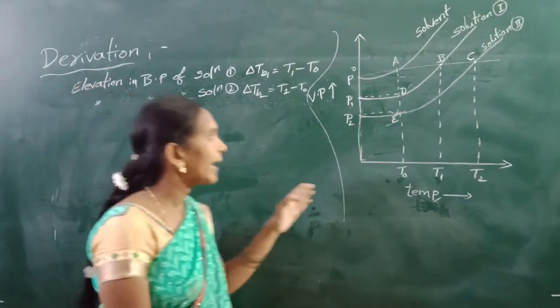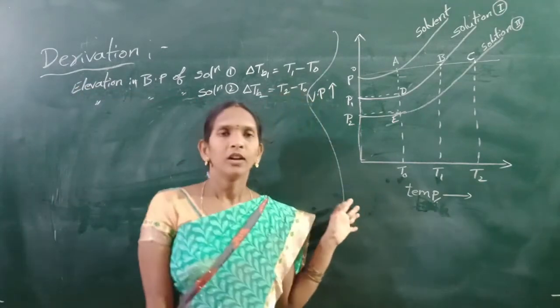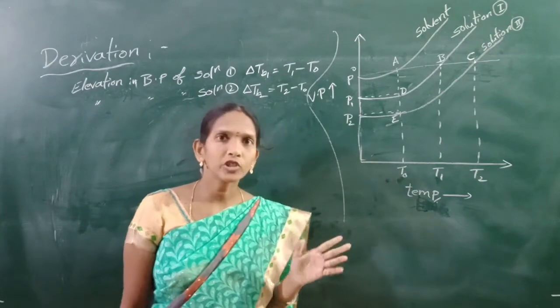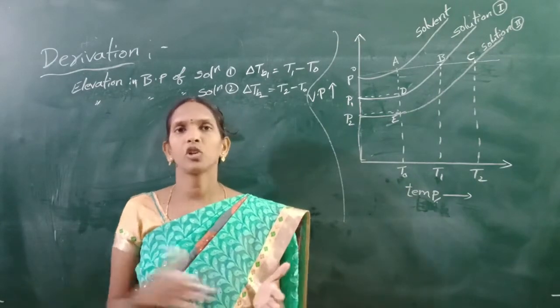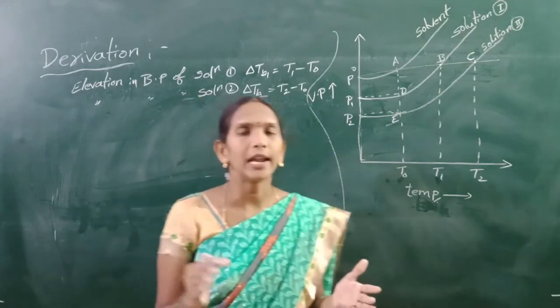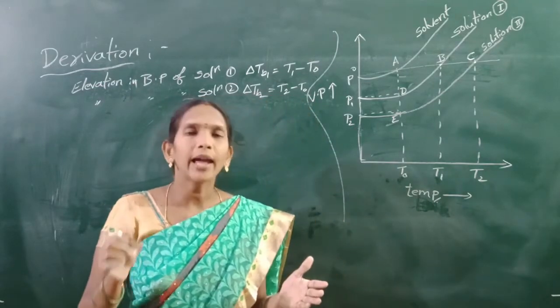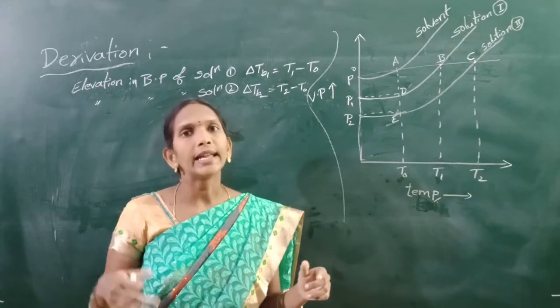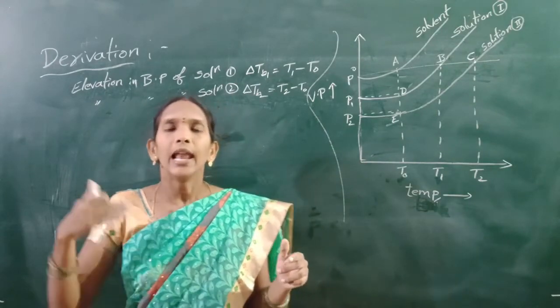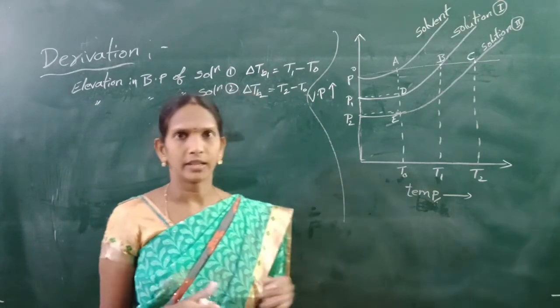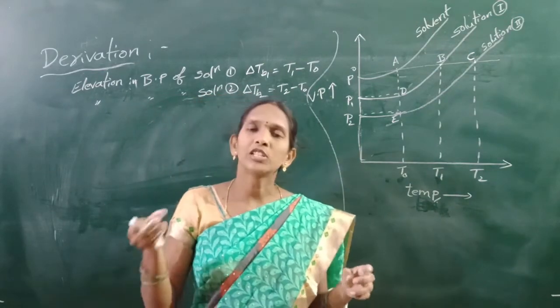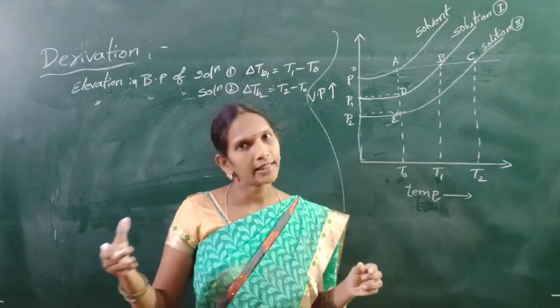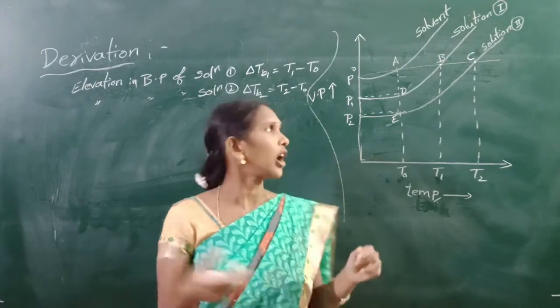For dilute solutions, what is a dilute solution? Dilute solution means a small amount of solute is dissolved in a large amount of solvent. That means the number of moles of solute is less than the number of moles of solvent.